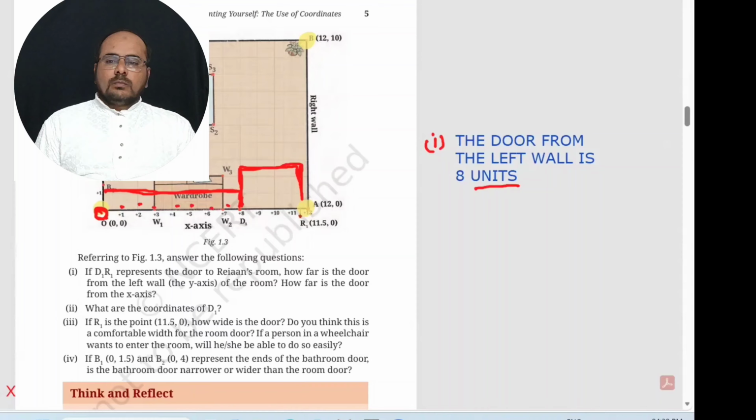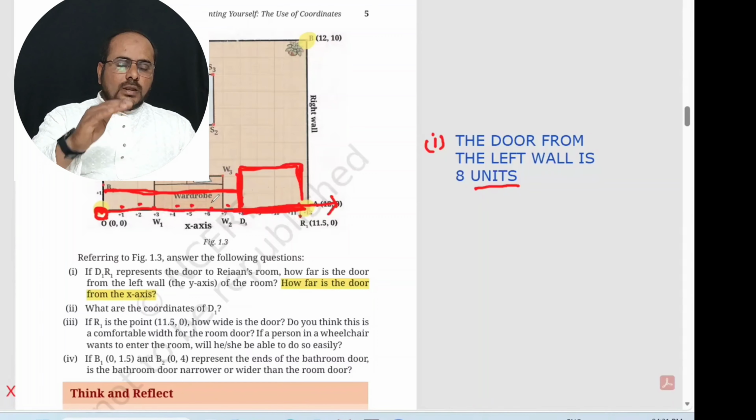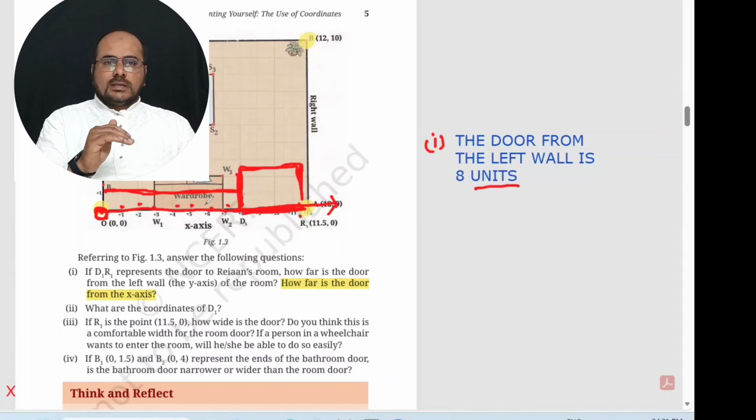Now you can see one more statement is given, my dear. How far is the door from the x-axis? Question is very interesting. This x-axis is a horizontal line. From here the door distance we need to find. Means the distance between the door and the x-axis. So you can see in this diagram, my dear, there is no distance. The door itself is placed on the x-axis.